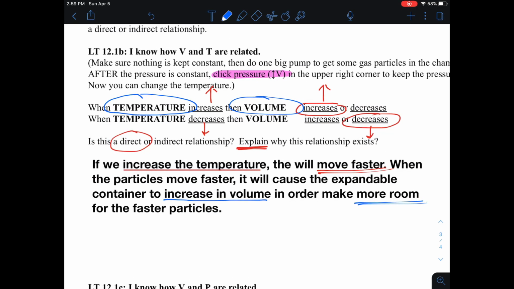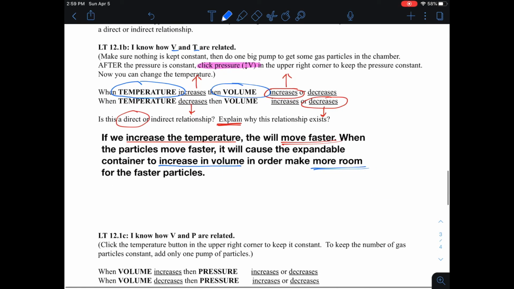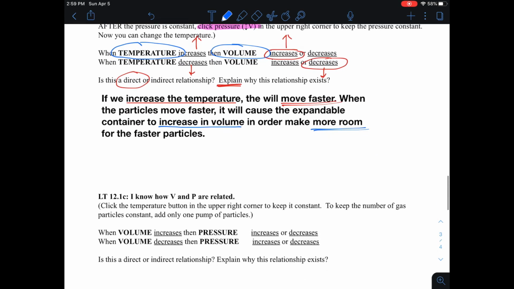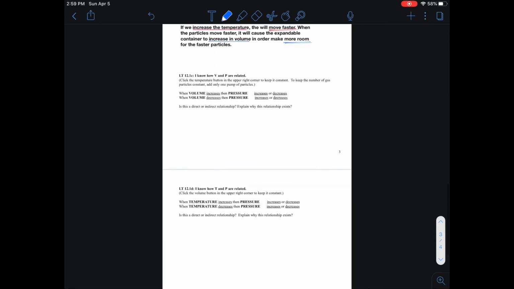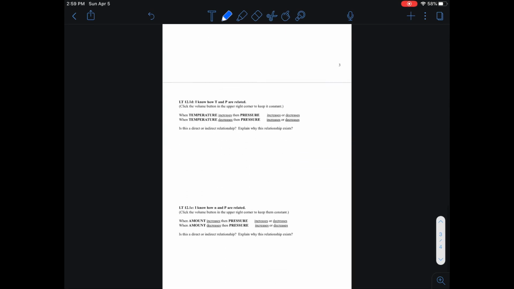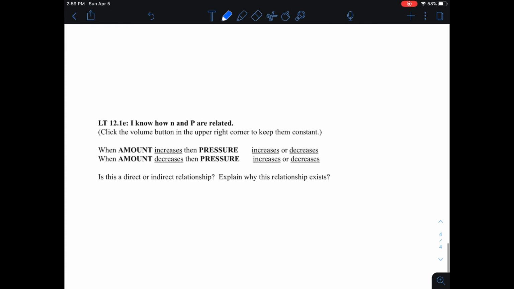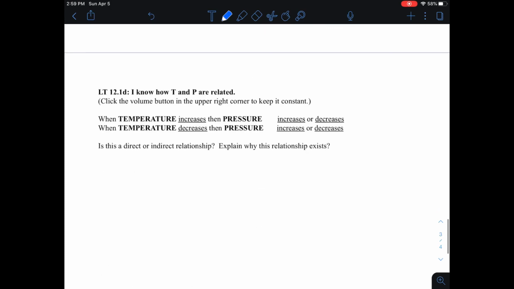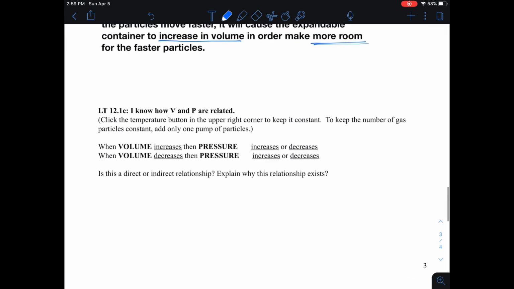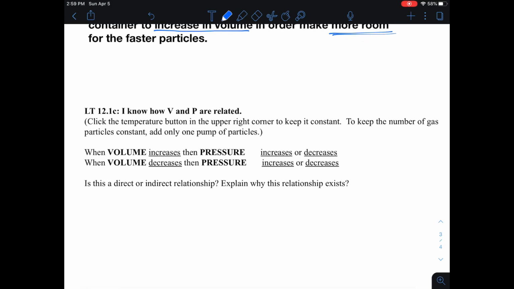In this case, this was 12.1b. I know how volume and temperature are related. And yeah, we're just relating those two together. So we've got three more. You're going to be doing volume and pressure, temperature and pressure, and amount and pressure. Remember to read the little directions afterwards, because that's going to tell you what you need to do next to make the simulation work for you.